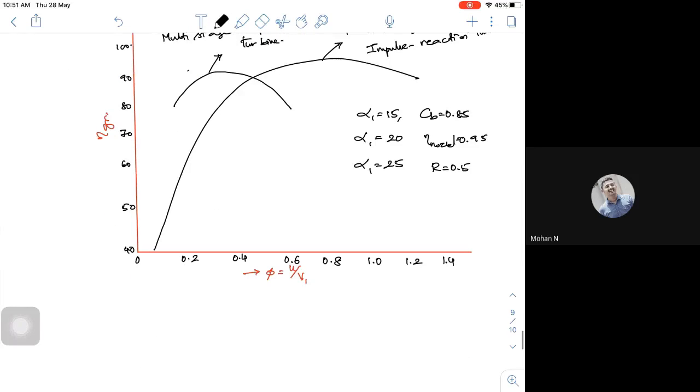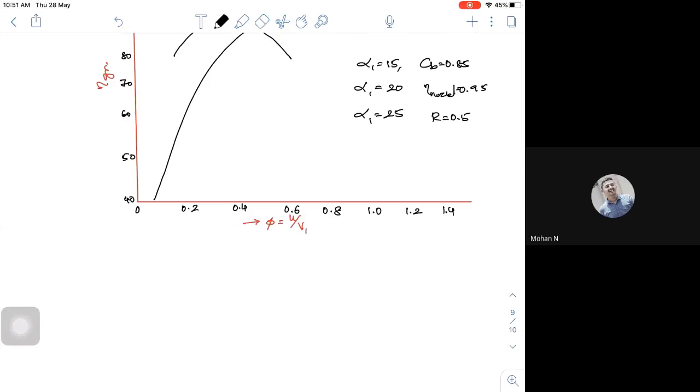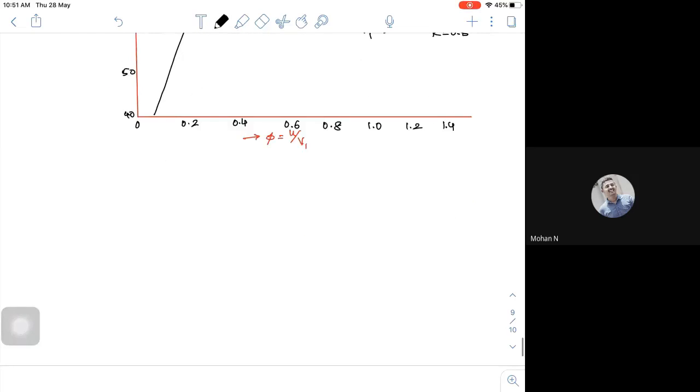And the last expression we have is the blade efficiency. It's also called the vane efficiency or blade efficiency.